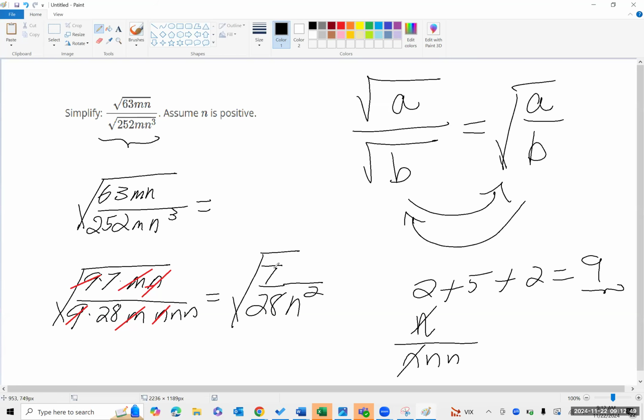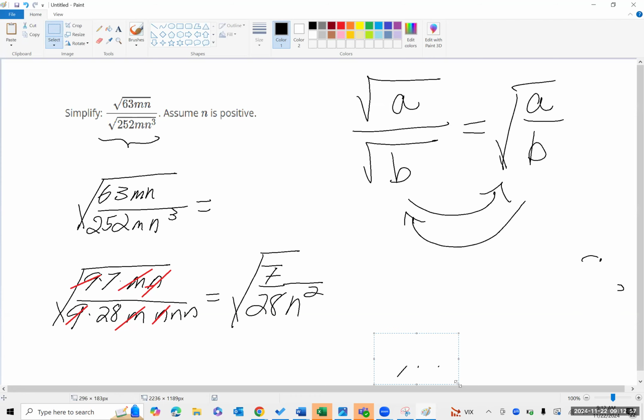And if I erase this just to make a little bit more space, what I'm going to notice is that 7 divides 7, obviously, and 7 divides 28. So the 7/28 reduces to 1/4.